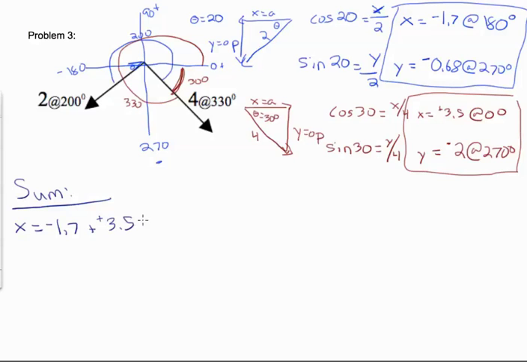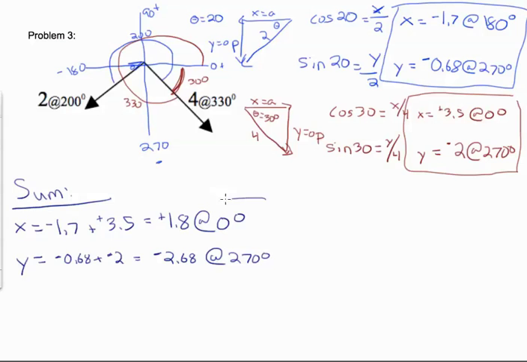And because it's positive, we know it's at 0 degrees. And for our y, we have negative 0.68 plus negative 2, giving us negative 2.68. Because it's negative, we know that that's at 270 degrees. So that's our x and y sum.